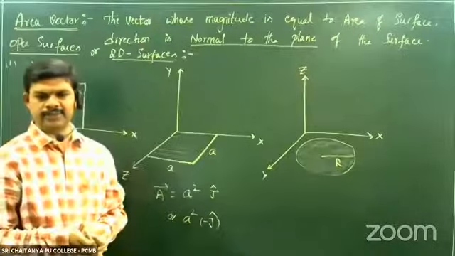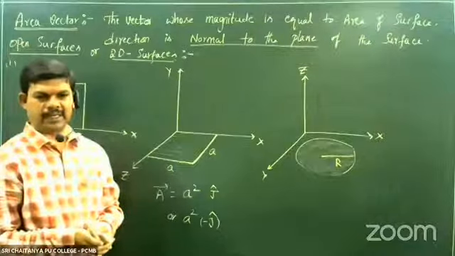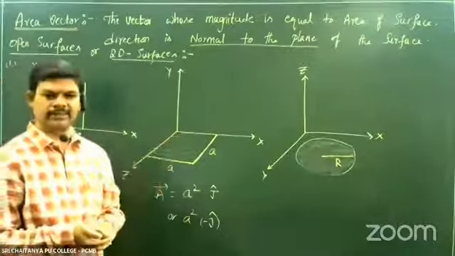This is the question, right? What is the area vector of that circular disc? Come on.